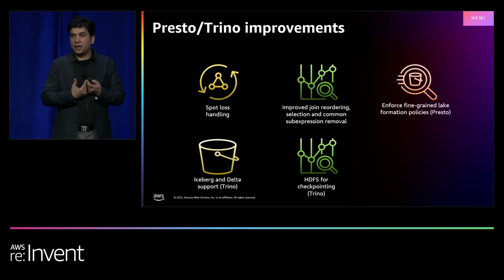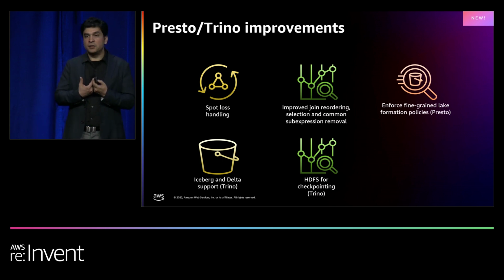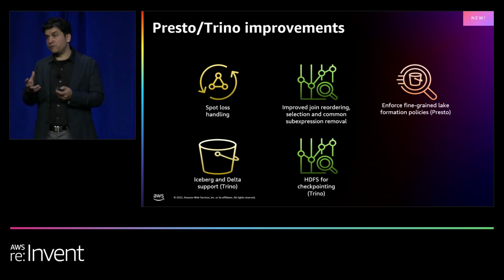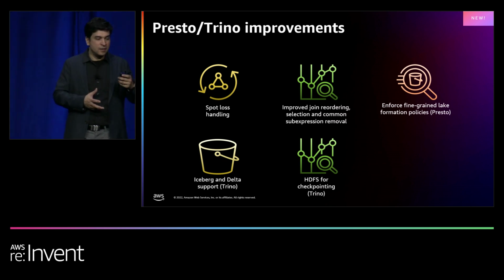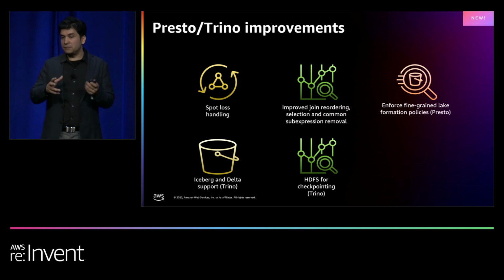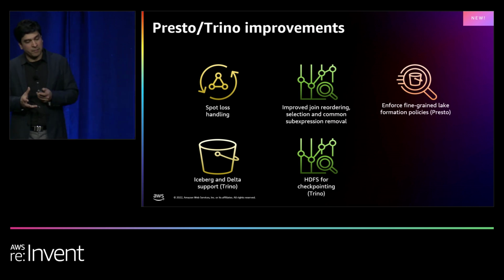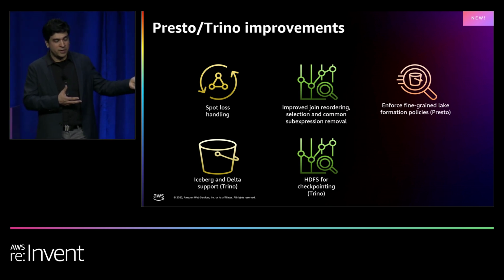Presto and Trino are the most popular low latency query engines we see customers use, but they're not meant for an environment where nodes fail. So right now when nodes fail because of spot interruptions, Presto or Trino queries fail, and that leads to a bad end-user experience. Those spot failures are not common, but when they do happen, your customers will get an error.